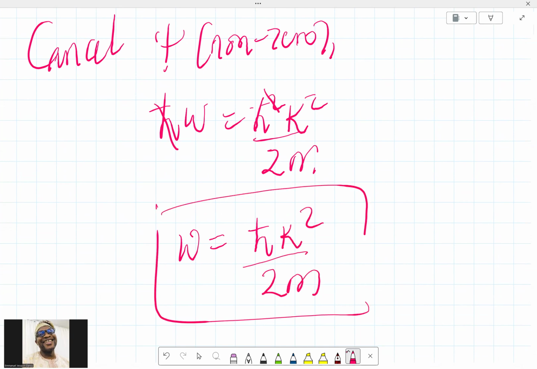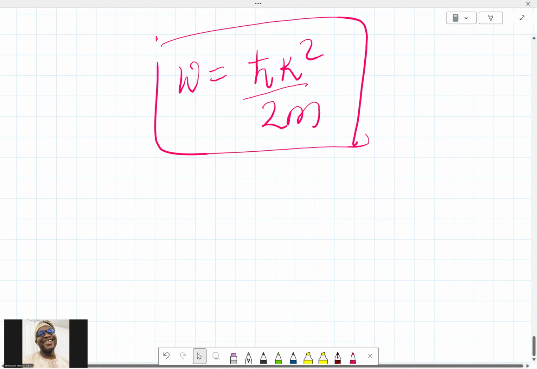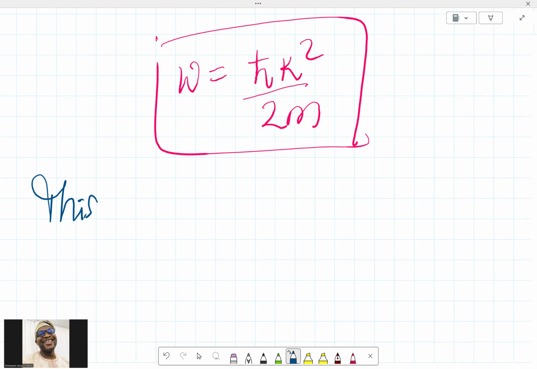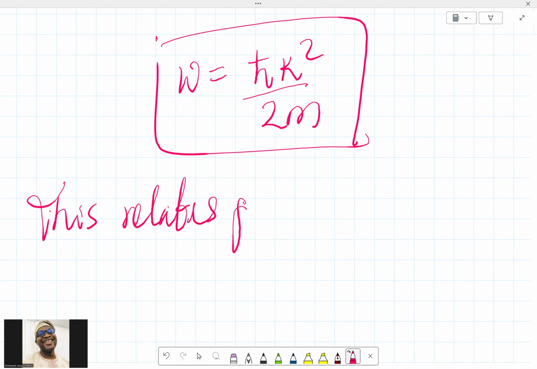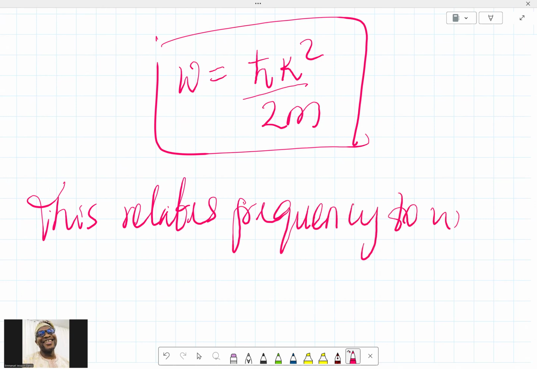So we have this expression now for the angular frequency. Let me continue with the same. This relates frequency to wave number. The angular frequency is omega, and the wave number is k.